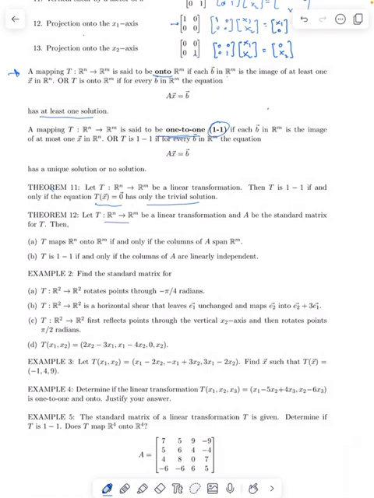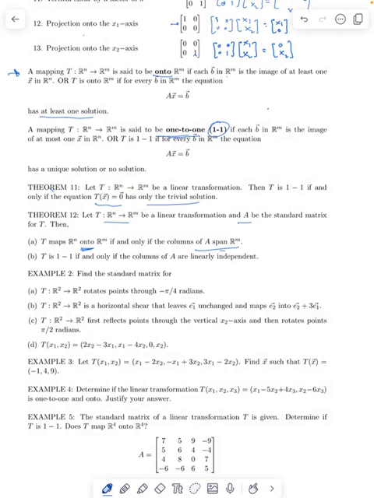We say T maps Rn onto Rm if and only if the columns of A span Rm.